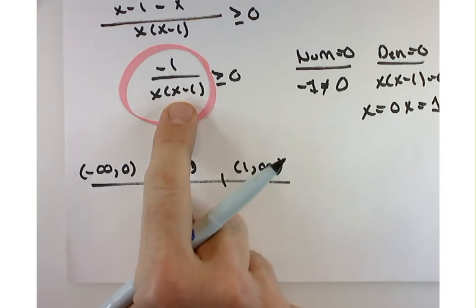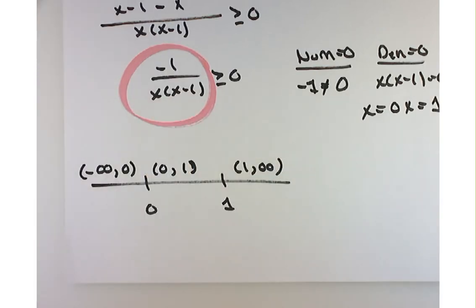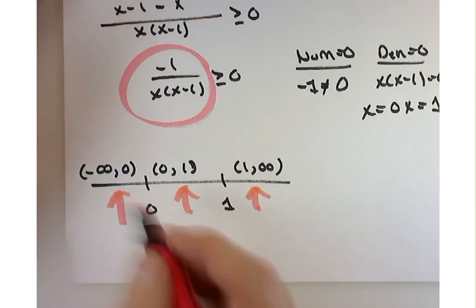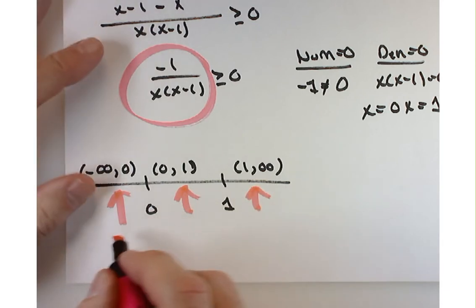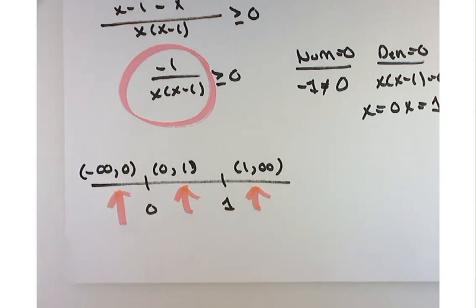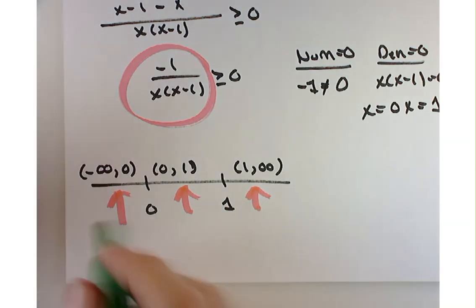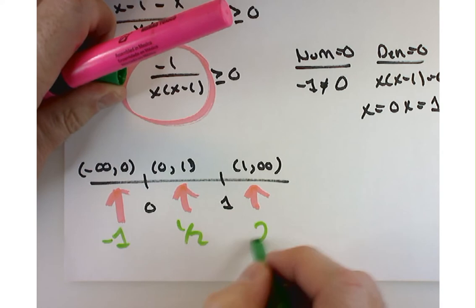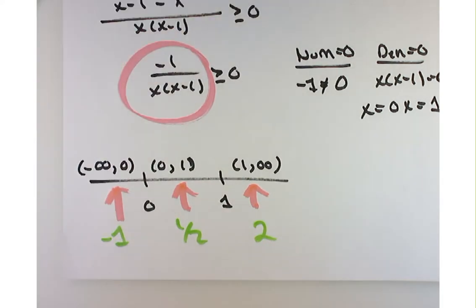Now I'm not going to take the time to actually show this, but you would go through and test points. So you need to test points that are kind of in between all this stuff. What would be some good test points for us? Negative 1, 1/2, and 2. Sure. You don't have to do anything really fancy.